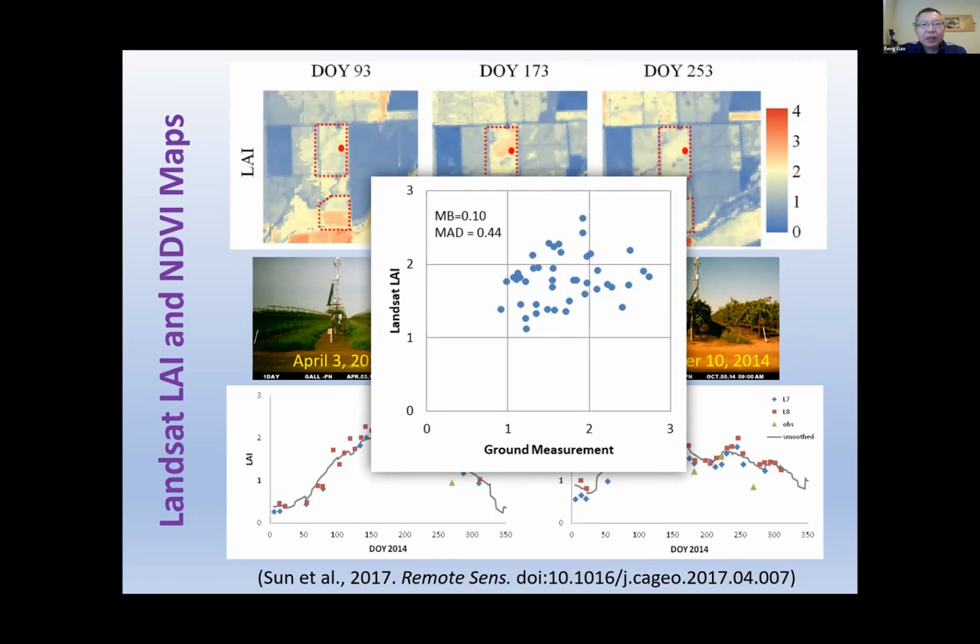From the previous presentation, I noticed Alfonso has an MAE around 0.3 to 0.37, so that's a little bit higher than the value from UAV. This value is close to the MODIS LAI accuracy. Since this reference-based approach relies on the MODIS LAI product, we'll probably see similar accuracy from this data product.